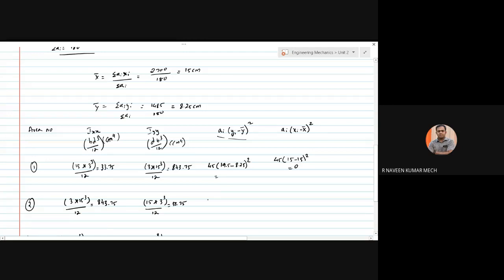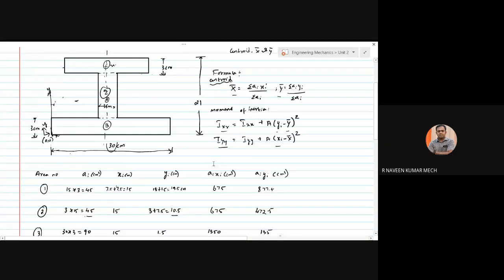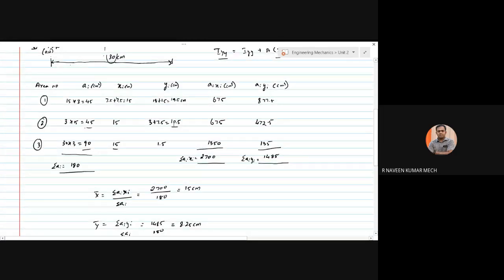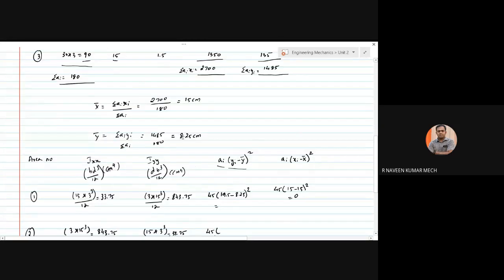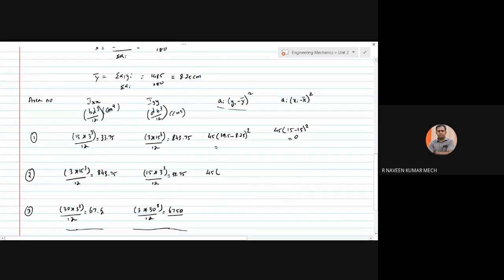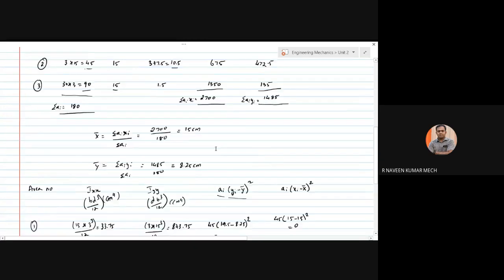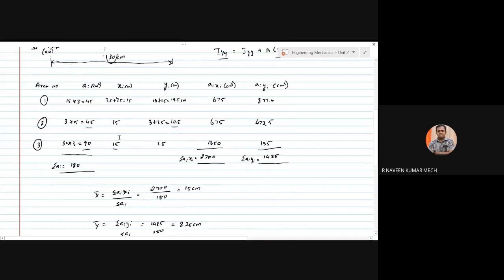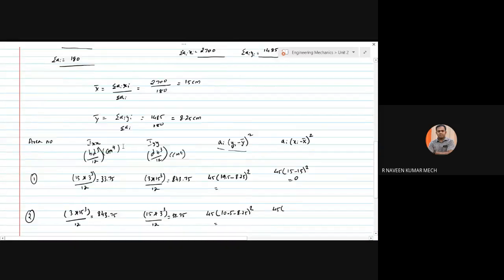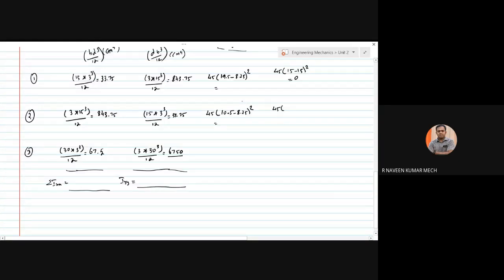In the second one, 45 into yi value we calculated earlier is 10.5, and y bar we know is 8.25. 10.5 minus 8.25 whole square. For this also, 45 into x bar, that is xi is 15 for all the three, so the whole value will become here.